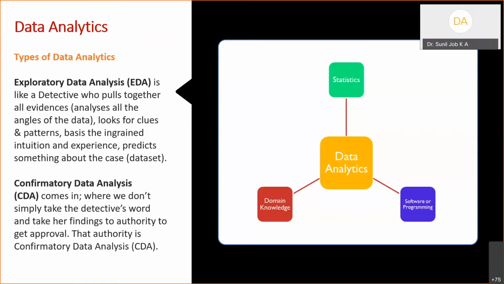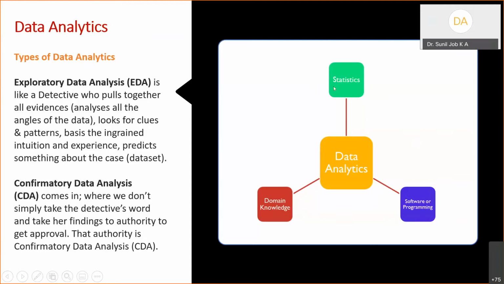So if we look into the data analytical process in this way, we can consider data analysis as exploratory and confirmatory. And there is a small image here, which shows that the data analytics process is a tripolar process. In the process of data analytics, we should have some idea of statistics.